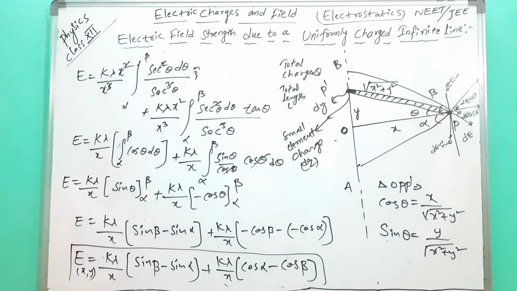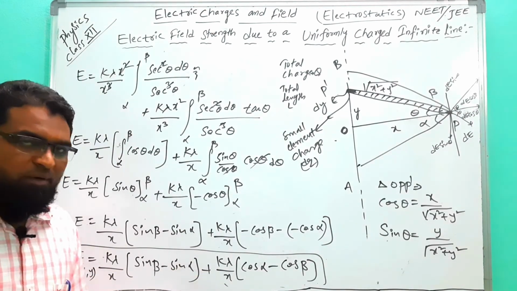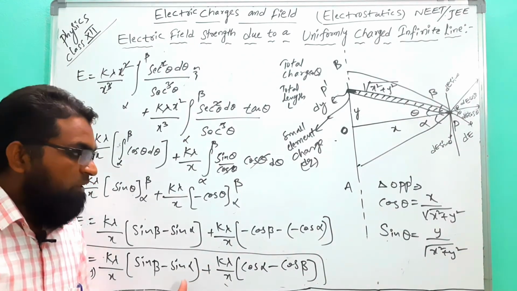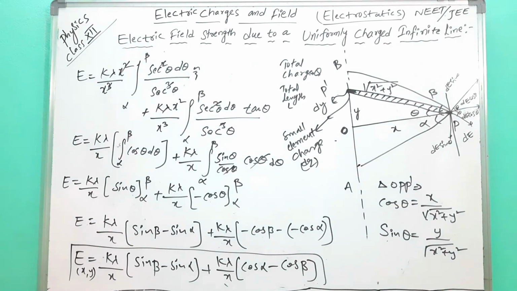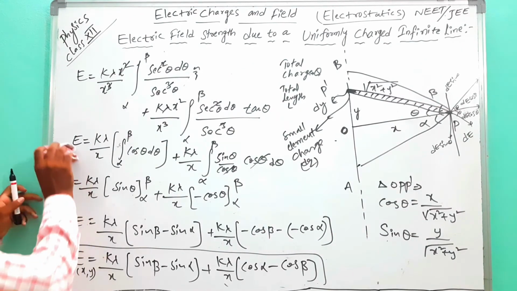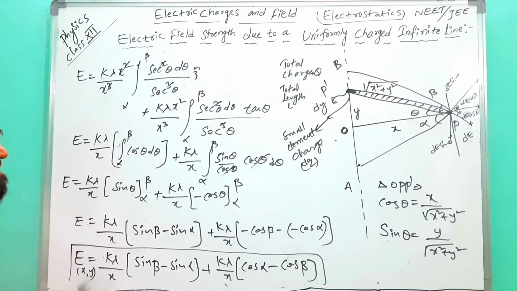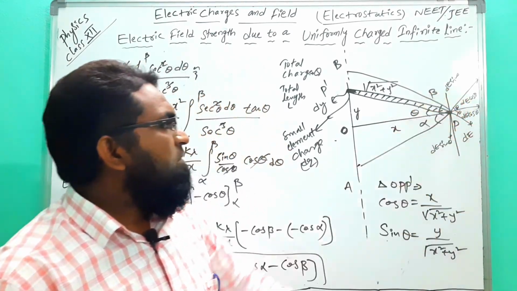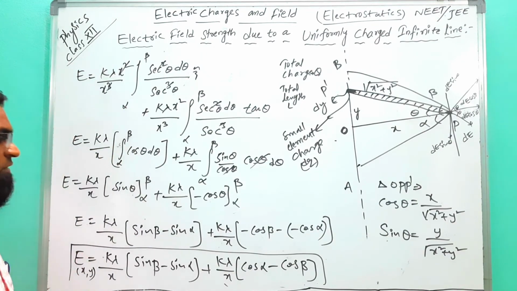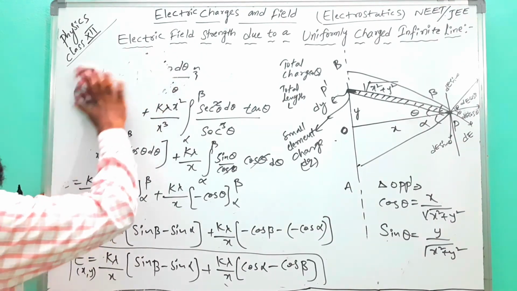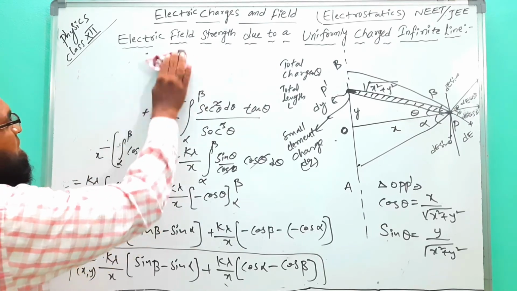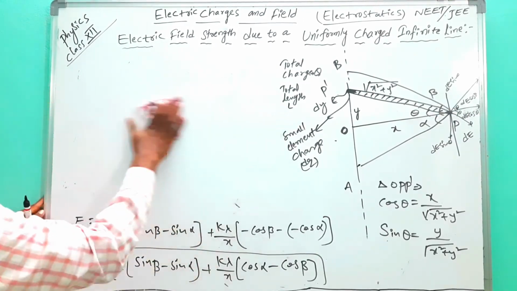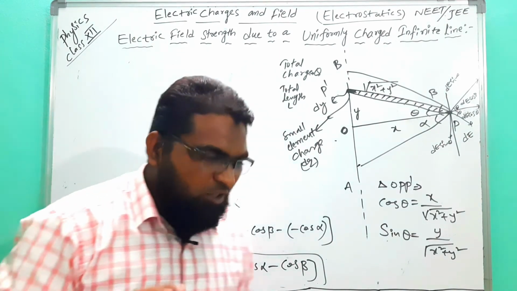This is a very important equation, and we use this formula in a number of numericals, so it is very useful. Write it down and copy it. So let's see what happens if the angles are changed: the angle on the negative axis is minus alpha, and beta is positive. Don't worry, this is a very useful video.